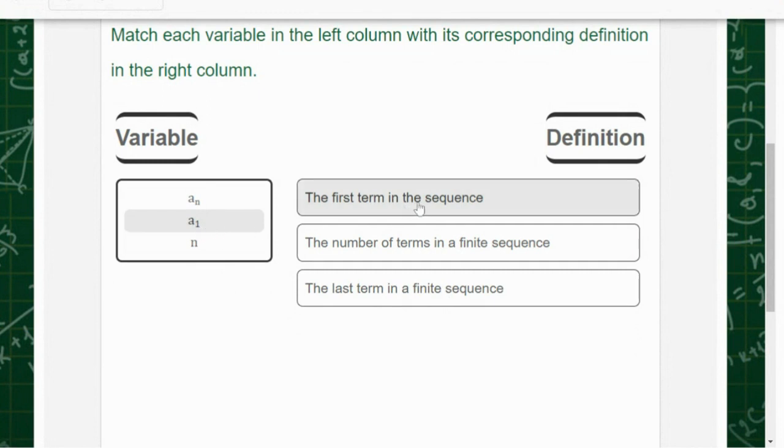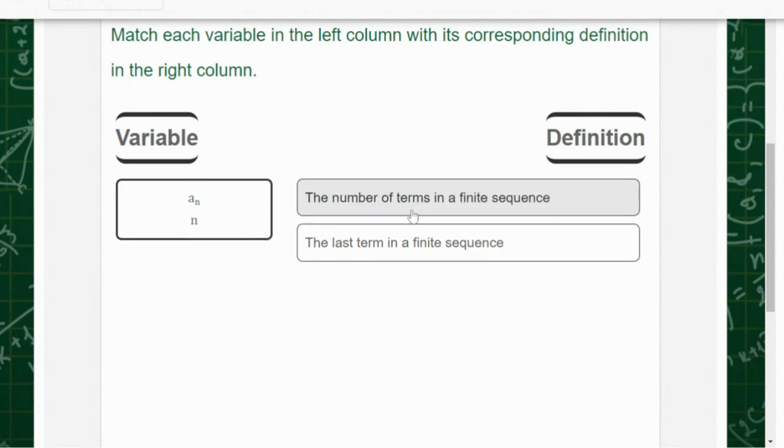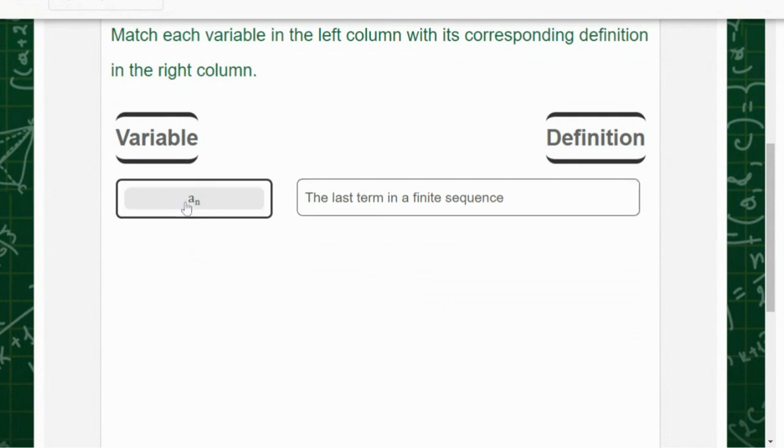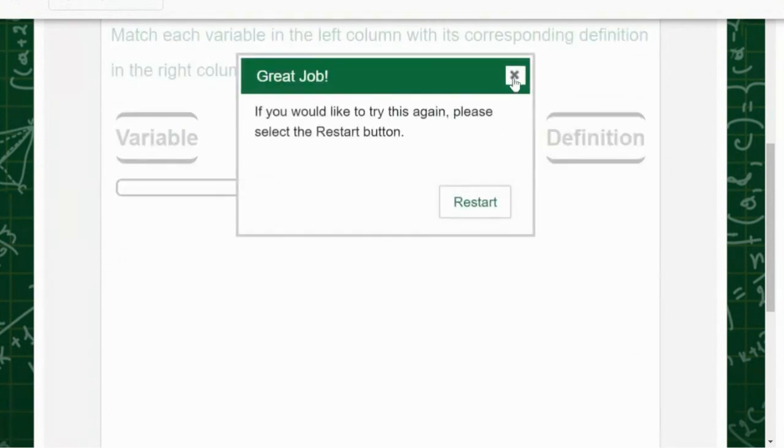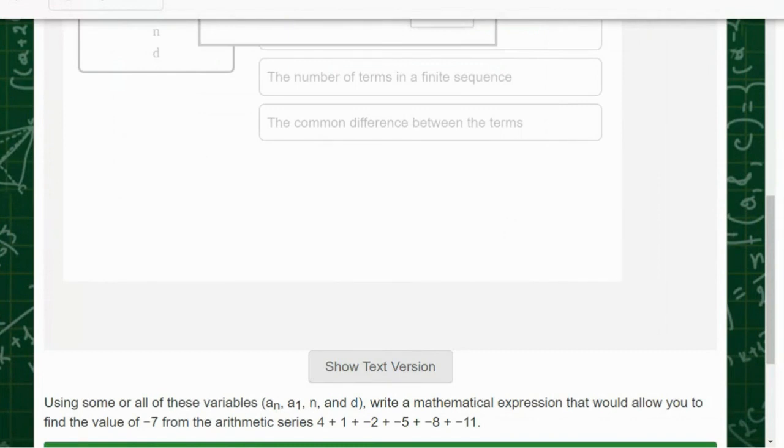That's the first term in the sequence, right? A sub n and n. We have the number of terms in a sequence and the last term in a finite sequence. Well, we know n would be the number of terms, and A sub n, like if n is 10, that means there's 10 terms, and A sub 10 would be the last term. All right, great job. We got that. All right, we can make that smaller again.